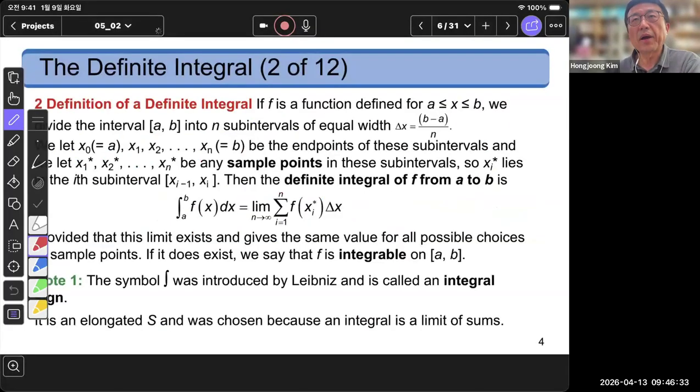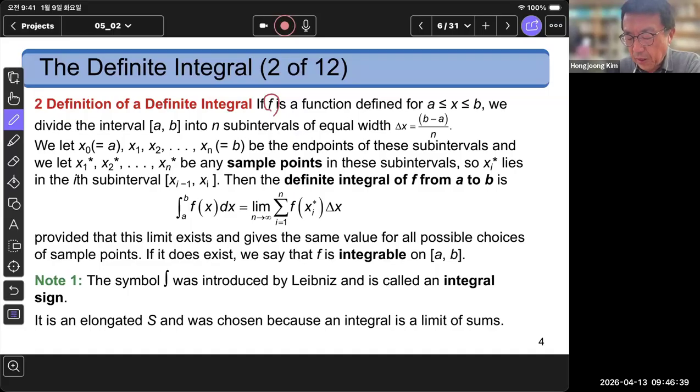Okay, so let me go back to this. Given my function f, I define delta x by b minus a over n, and I split the interval into small bins, as I said. a will be denoted by x naught and b will be denoted by xn, and I split this interval into n pieces.